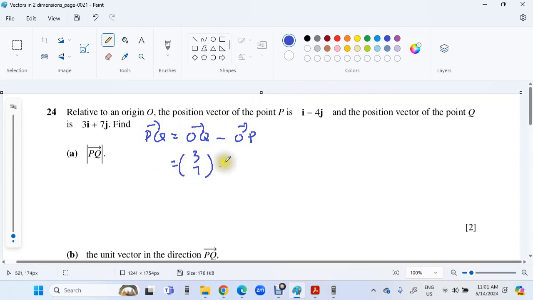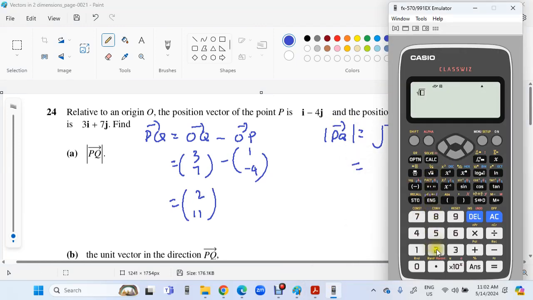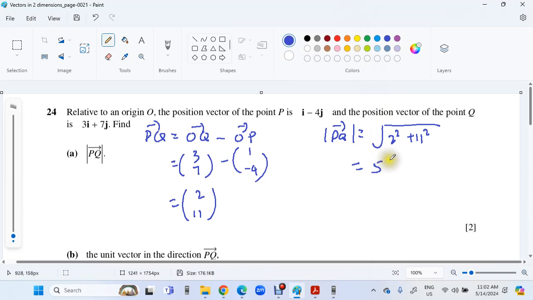OQ is (3, 7), this is (1, -4), so we have (2, 11). So the magnitude of PQ will be the square root of 2 squared plus 11 squared, which is 5 square root 5.